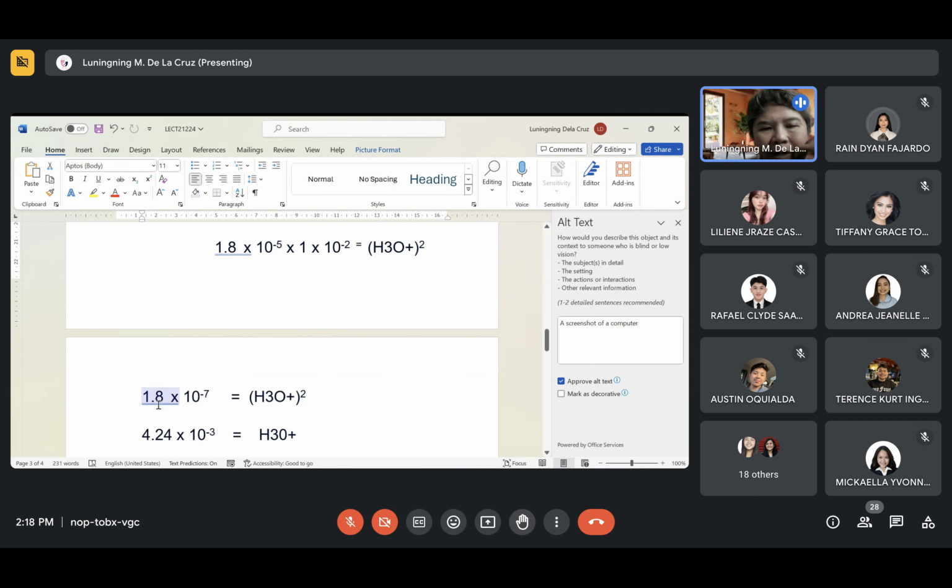So, in order to get the value of the hydronium ion concentration, we need to get the square root of 1.8 multiplied by 10 to the minus 7. And what will be the equivalent?